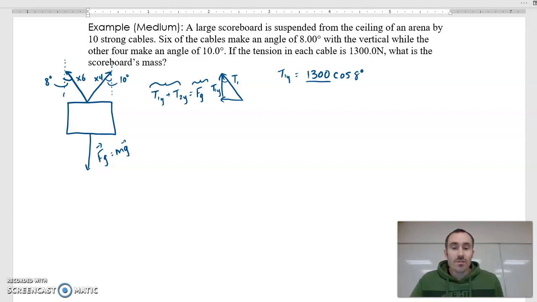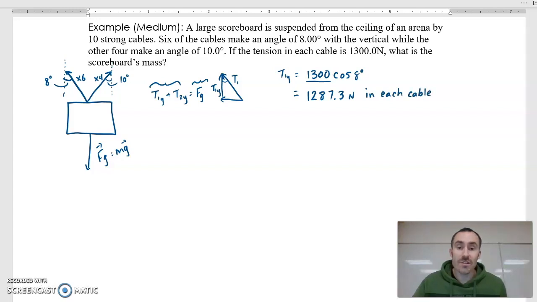So this is equal to 1,287.3 newtons. And we need to remember that that is in each cable, because the 1300 newtons is in each cable, not just in the total of whatever 6 cables that was.